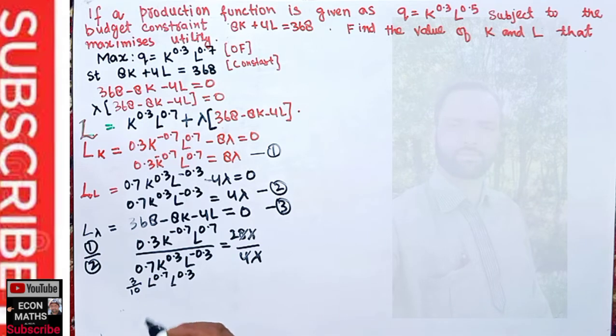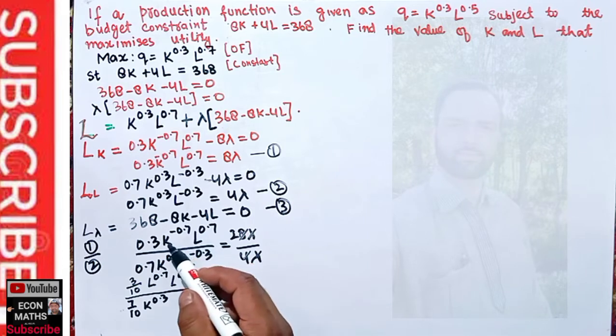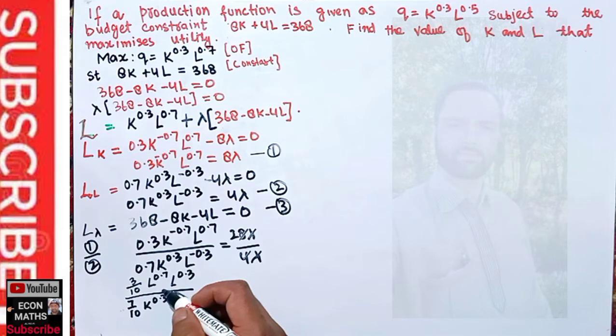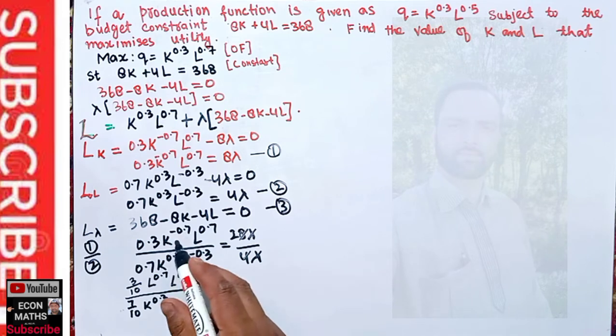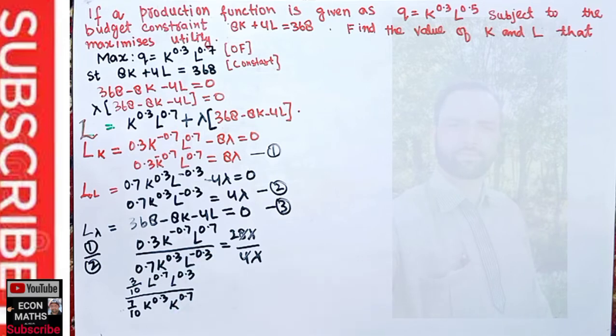Divided by 0.7, we can write 7 divided by 10, we have K to the power 0.3, and similarly we can transpose this K to the power minus 0.7 to the denominator and the power gets changed. So we have K to the power, sorry, minus 0.7 becomes plus 0.7, and we have here 2 divided by 1.